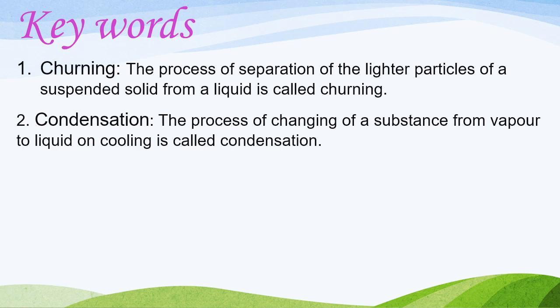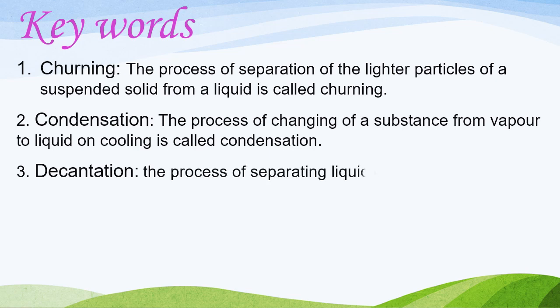So see what is condensation. As I told you in the chapter, it is the process of changing a substance, water, from vapor into liquid on cooling. It's called condensation.